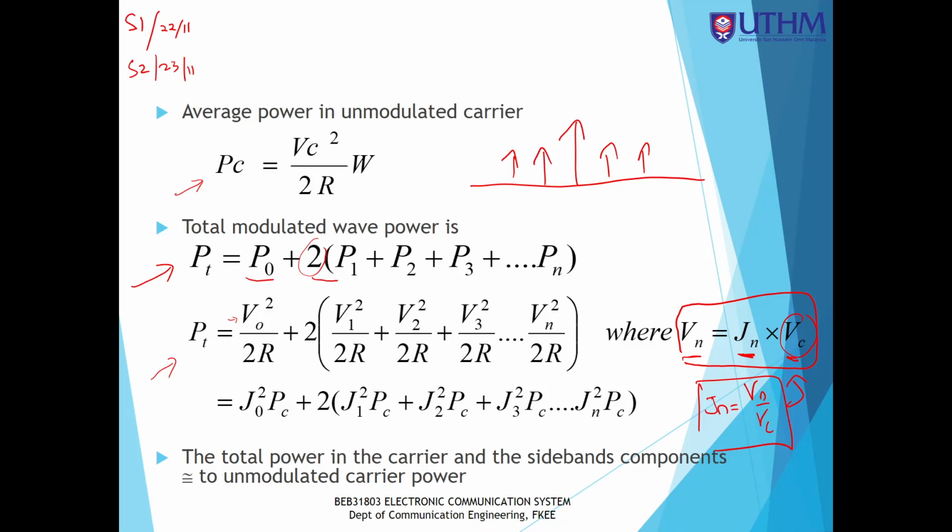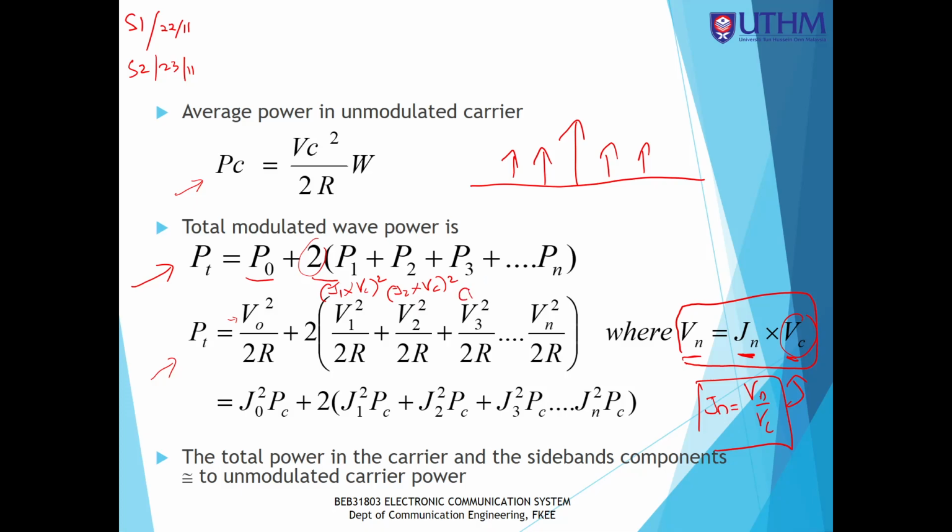So what happened actually? For example, V1 is actually J1 times Vc, then squared. V2 is J2 times Vc, and then square.